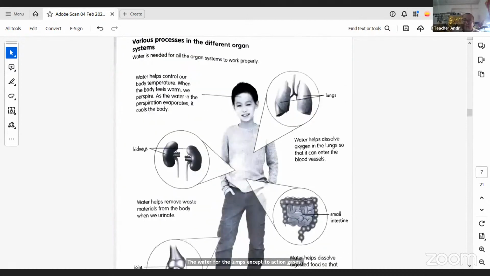We also need water for other things, such as to control our body temperature. When we are having a fever, let's say 38.7, our parents always say, drink more water, drink more water to cool down. Why?